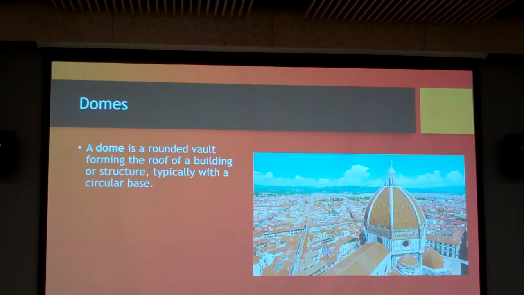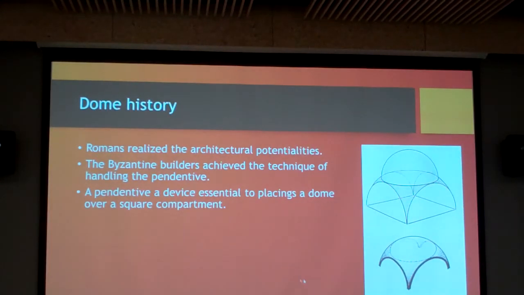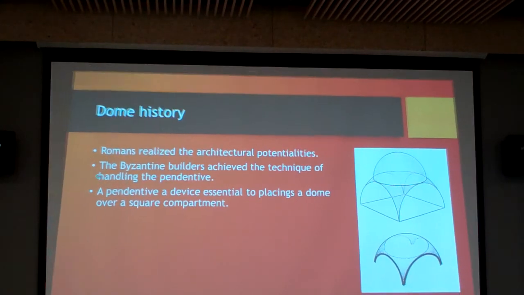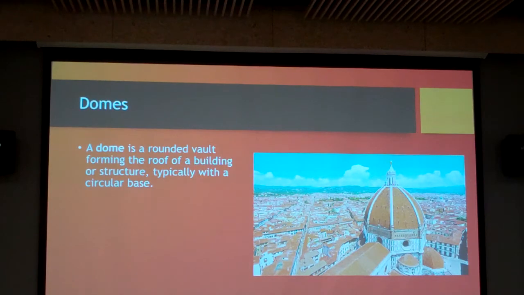Also the domes, and if you went to our structural movie, this is the Duomo in Florence, the Florence Cathedral. And they can either be round or, in this one, an octagon. And they just curve up to meet at the top there.